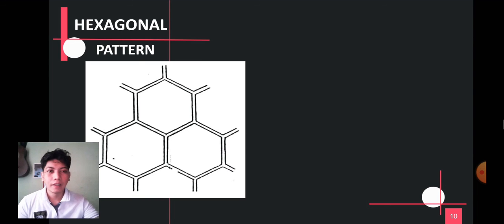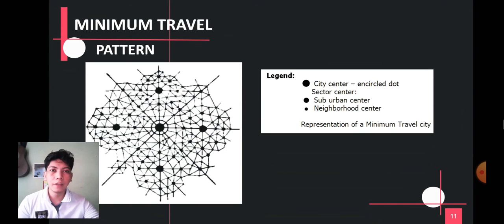Lastly, the last pattern is the minimum travel pattern. It is very complicated, as you can see, but in this pattern, the city is connected by sector center, suburban center, and neighborhood center by roads, each requiring a minimum of roads to connect to the center city.